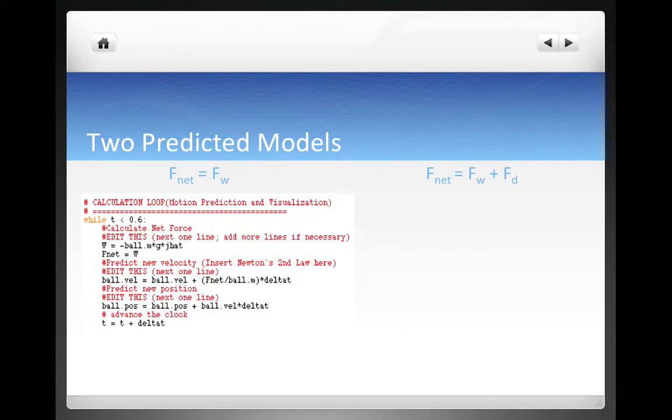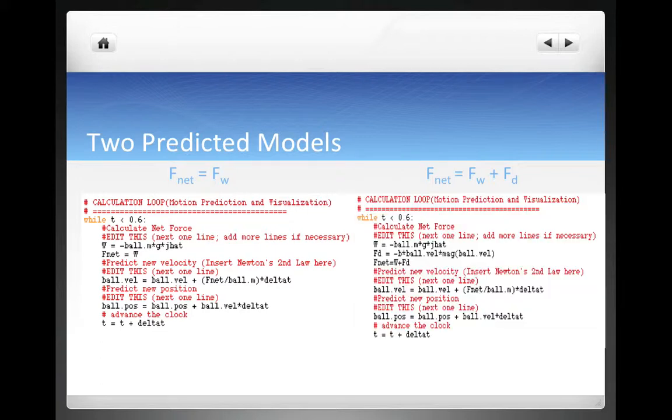Now we look at the while loop calculations. For the net force equal to the weight force, we have the weight force is equal to the negative ball mass times g times j hat, which is the same as saying the ball mass times g, and j hat indicating the direction in which it's moving.